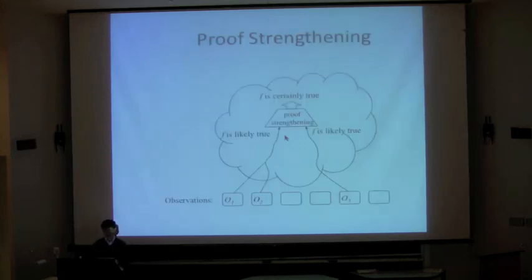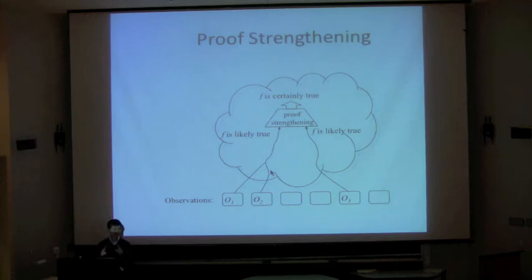So how can we do proof strengthening? The simple reasoning, like the one I showed you before, gives you many proofs to work with. These are all the possible correlations. They are all low quality, even lower than the input observations. But now you may find a situation where you have two independent proof paths.